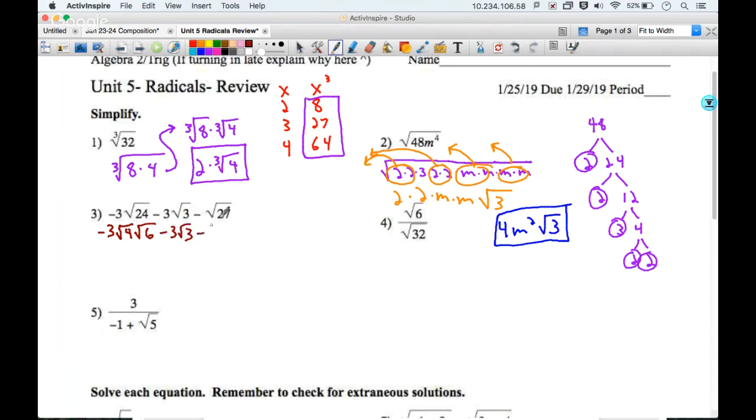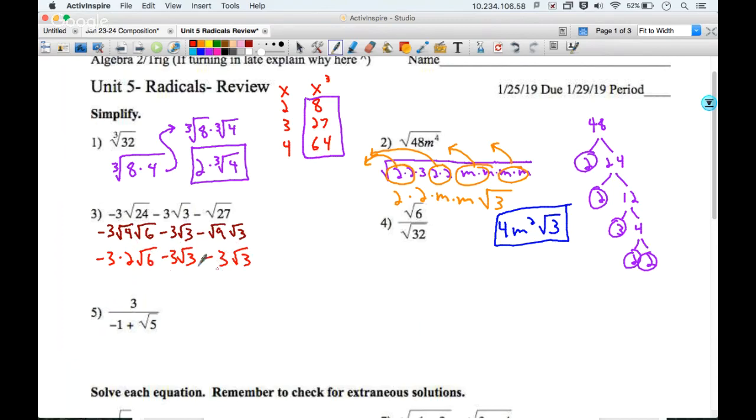That can't be simplified. And 27, well, I can pull a 9 out of 27, make this the square root of 9 times the square root of 3. Simplify the square root of 4 to become a 2, so negative 3 times 2 root 6 minus 3 root 3, and the square root of 9 to become a 3, minus 3 root 3.